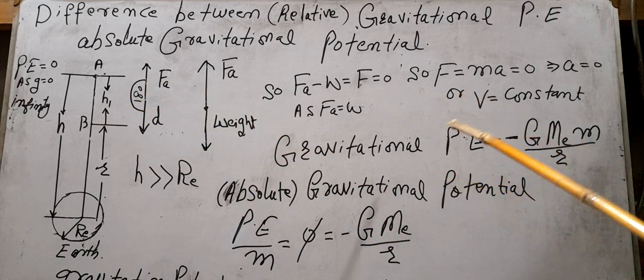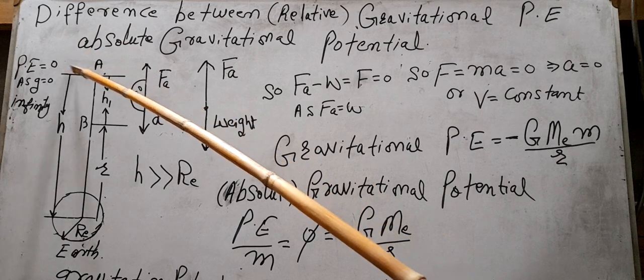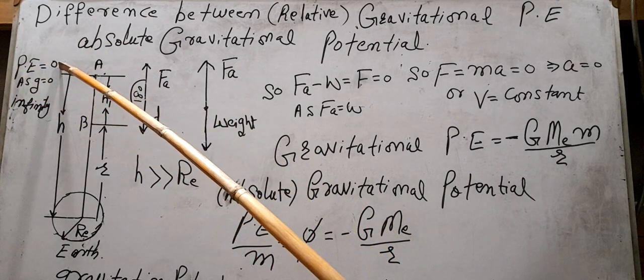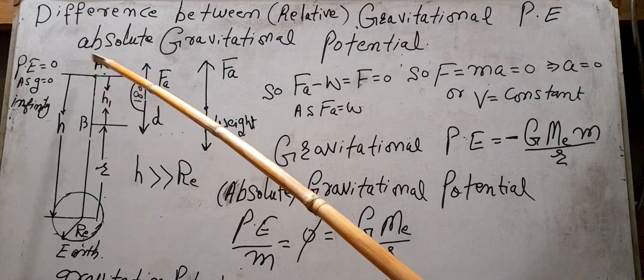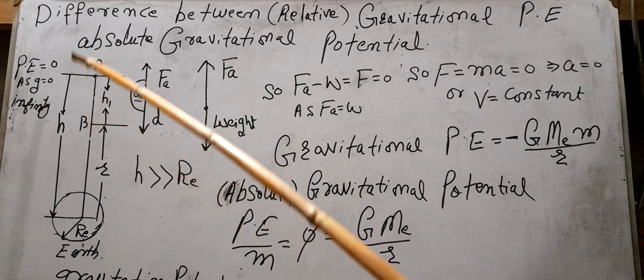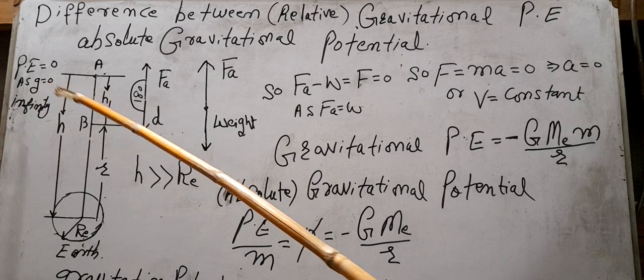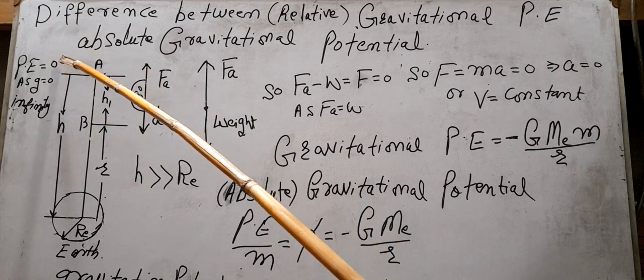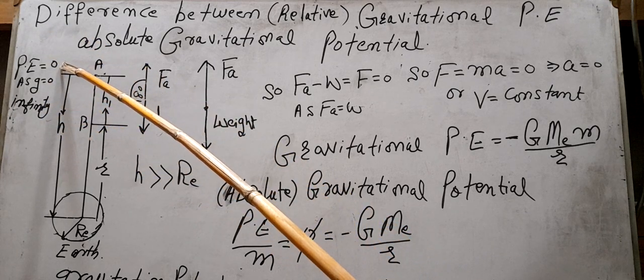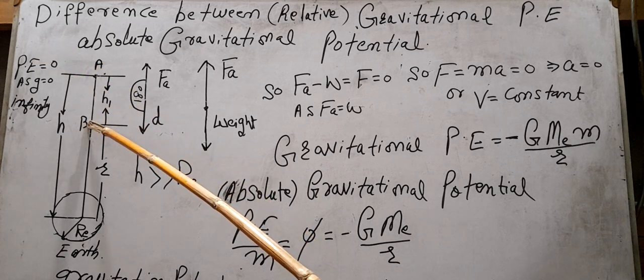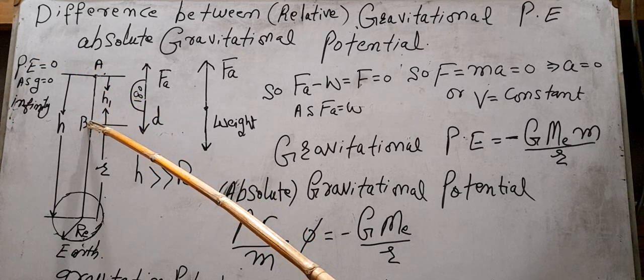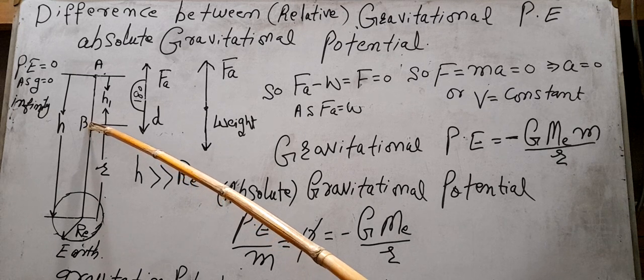In other words, the potential energy of the body was zero. Actually, when we are lowering the body, we are decreasing the potential energy of the body. Now, we know that when we decrease anything below zero, it will definitely be negative. So, the potential energy of the body at point B will be negative.